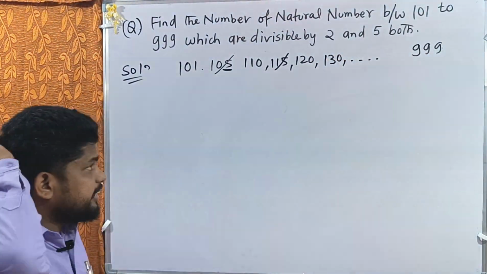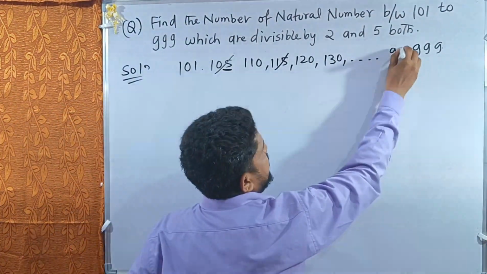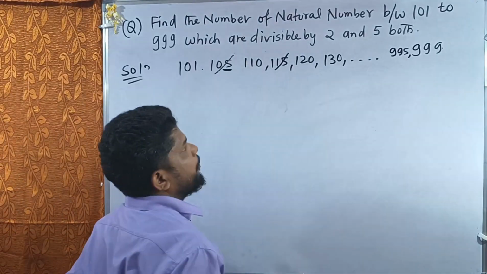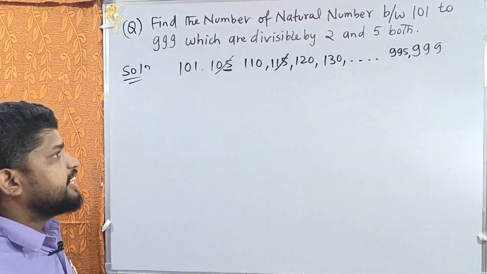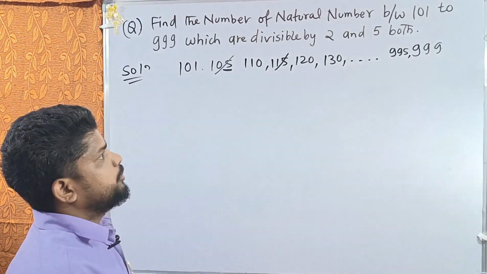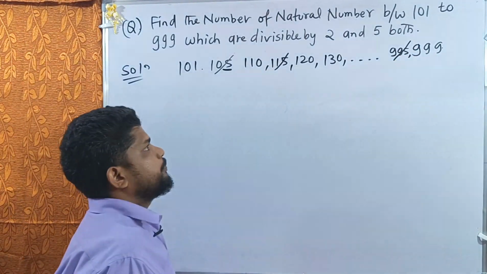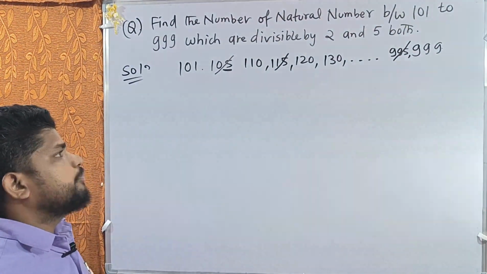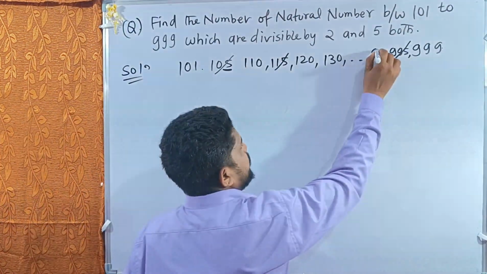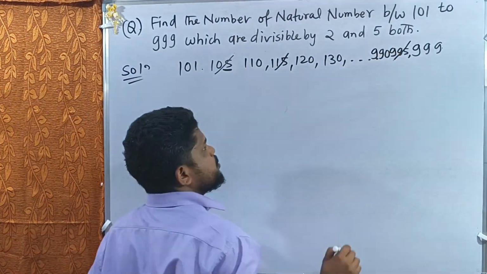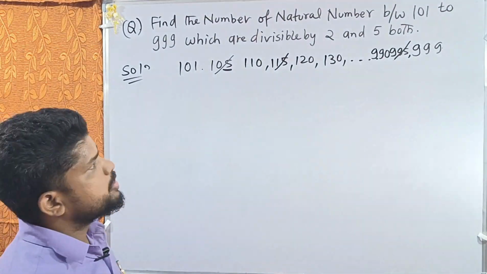Near to 999 we can choose the value 995, but 995 is not divisible by 2, although it is divisible by 5, so we will not consider this also. Taking the number previous to 995, we have 990. 990 is divisible by 5 and it is also divisible by 2.